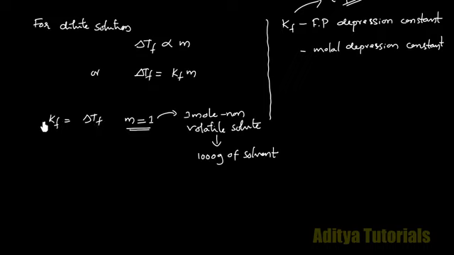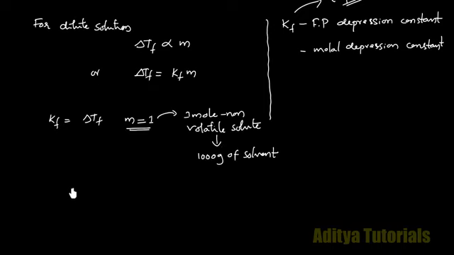Therefore, we can define it: the molar depression constant of a solvent is equal to the depression of freezing point caused by dissolving 1 mole of non-volatile solute in 1000 gram of solvent.